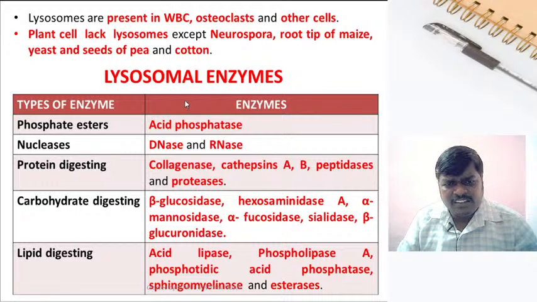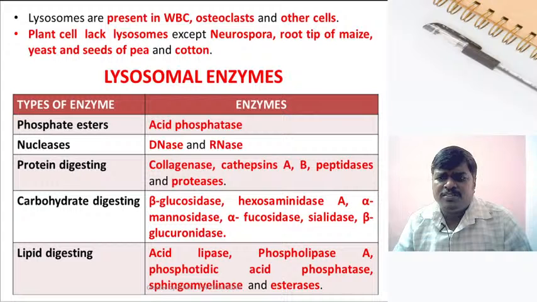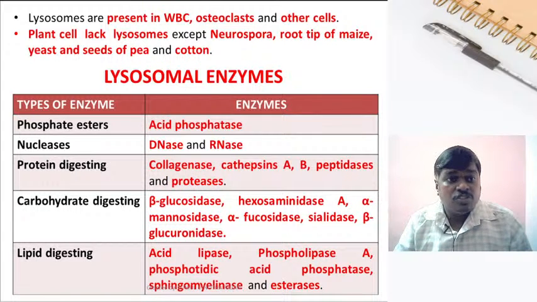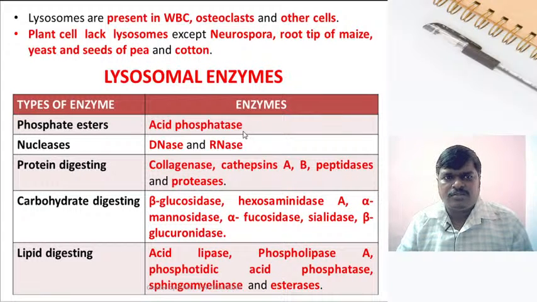Here you can see the list of lysosomal enzymes present in the lysosomes, which are called hydrolytic enzymes. Phosphate esters are present, called acid phosphatase. Nucleases digest the nucleus, that is DNAs and RNAs.